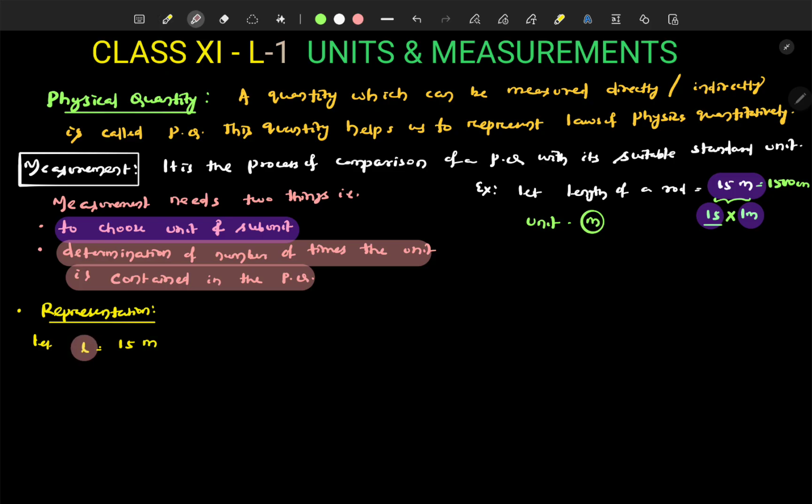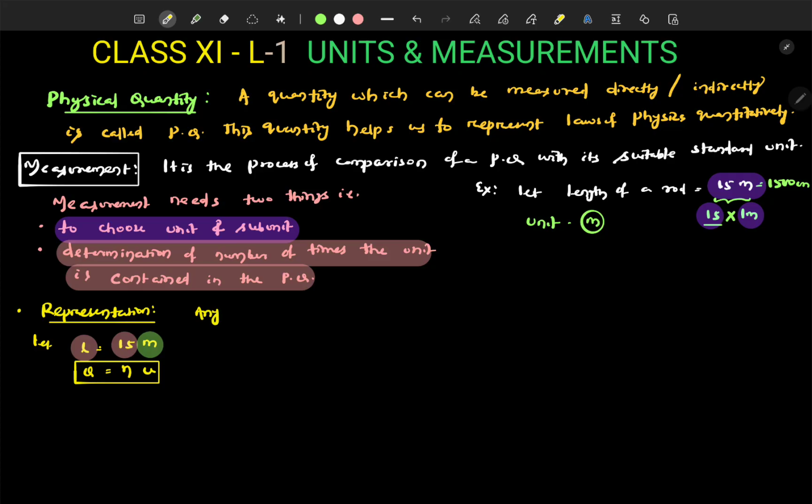This L is our physical quantity, 15 is the numerical value, and meter is the unit. Suppose we write this physical quantity as Q. So Q is equal to NU. This is the formula.